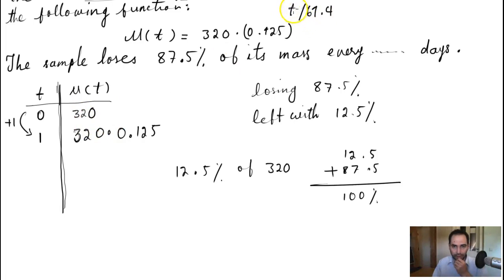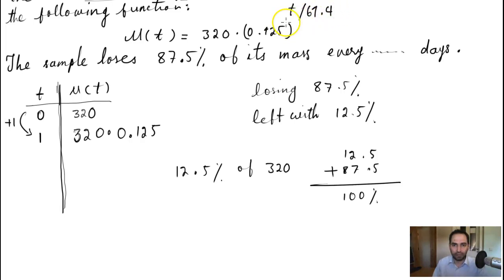But the problem is that when I increase t from 0 to 1, t is divided by 61.4. So when t goes from 0 to 1, it's actually not 1, but 1 divided by 61.4.